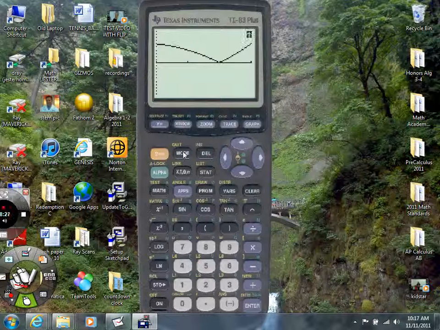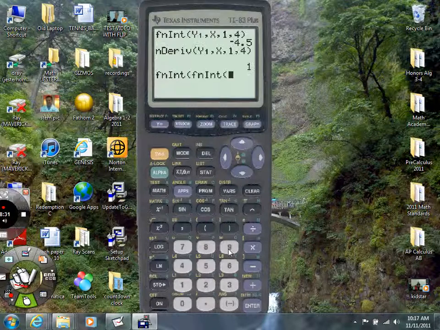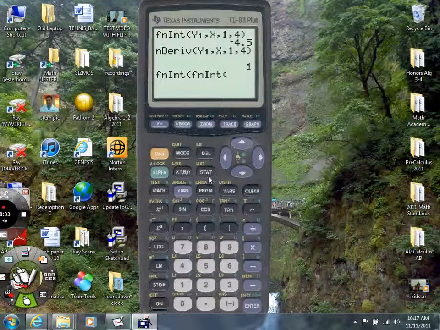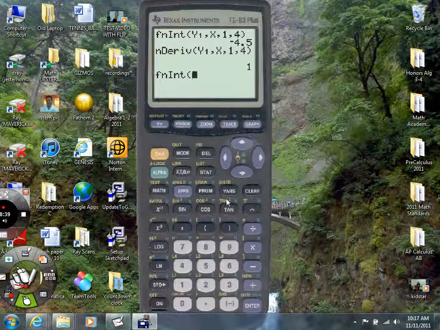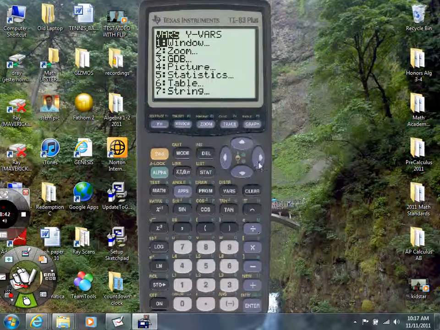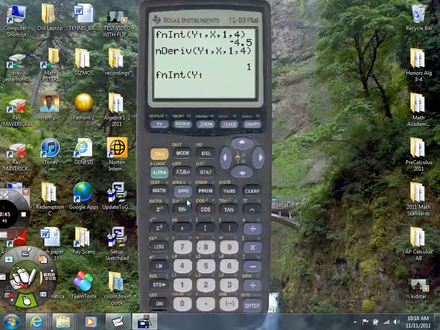And then we get out of there, and we go math 9, and it's a little bit harder on this darn computer. So y1, comma x, comma 1, comma 4, and there we go.